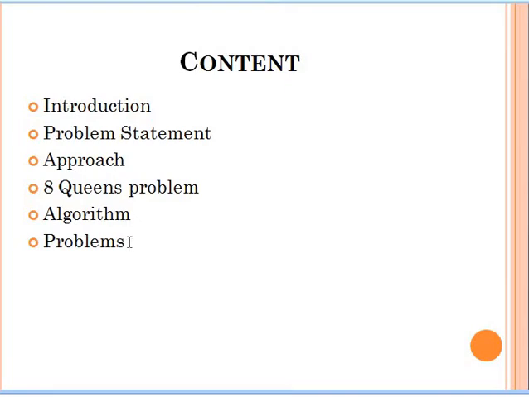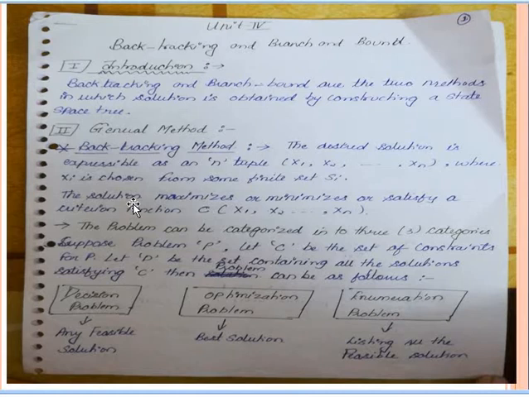Generally, what type of questions the universities are asking, or if you are facing any exam, what type of questions generally come in the paper. So let us start with what is backtracking.